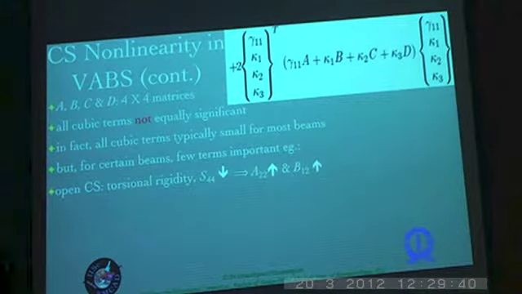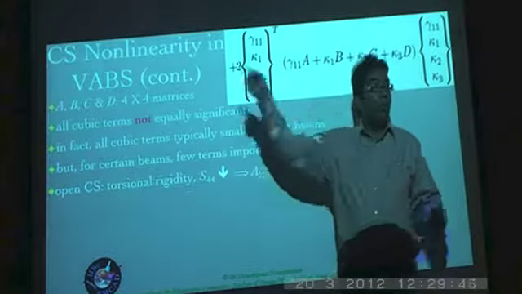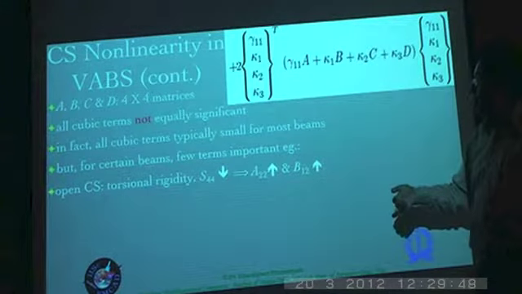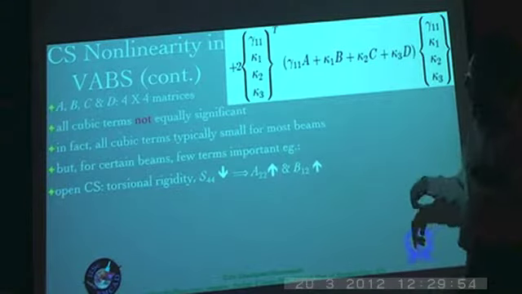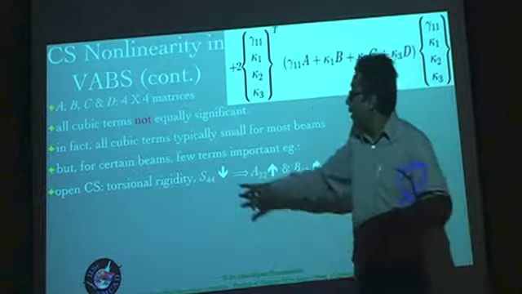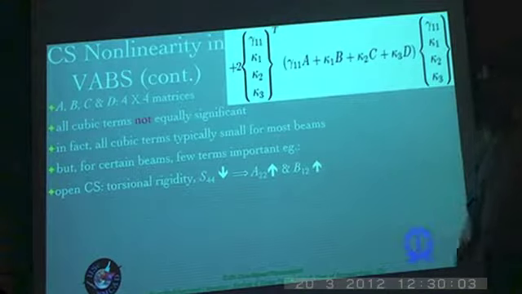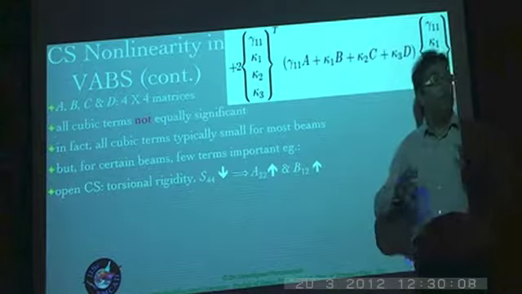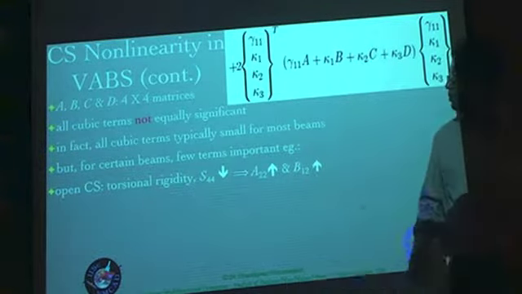So for example, if you have an open cross section, the torsional rigidity S44, remember with the classical thing you have that S44, so I think it's with the 6x6, if you look at, there it is S44 is the torsional rigidity, but in the classical thing it is basically your S22 bar. So S22 bar or S44 is small, and therefore A22 and B12 become large, or in other words, the contribution to the energy is substantial and you cannot ignore those effects.